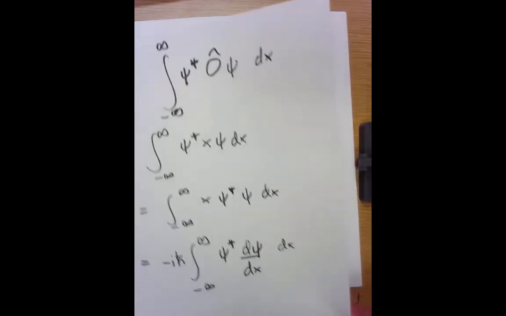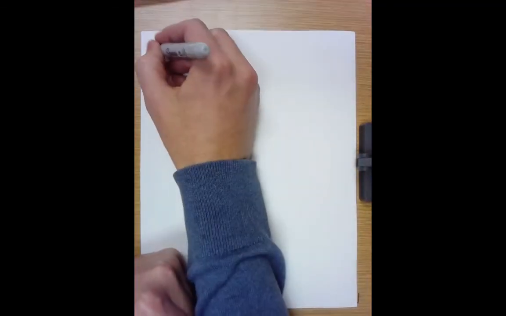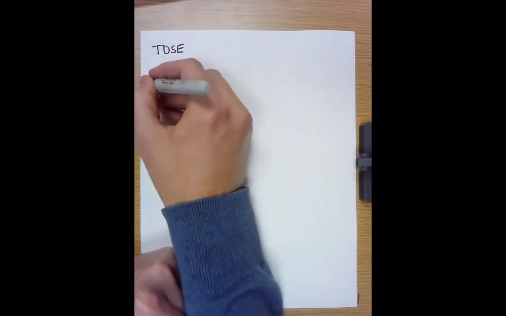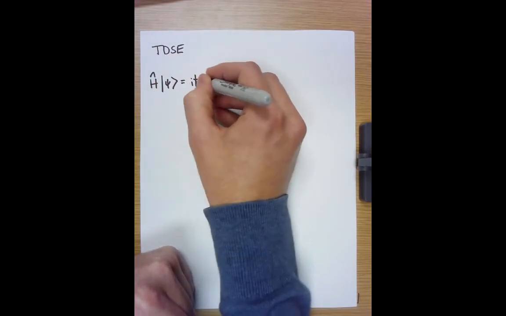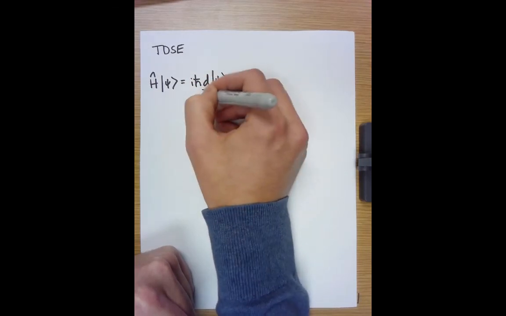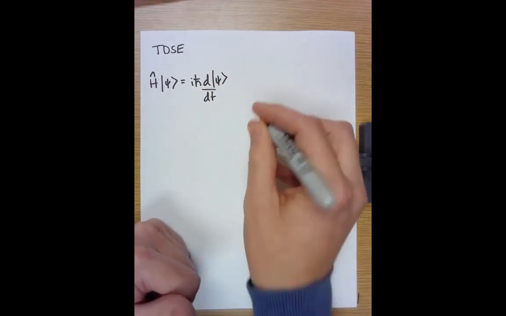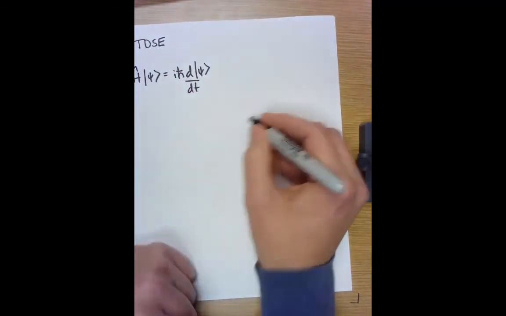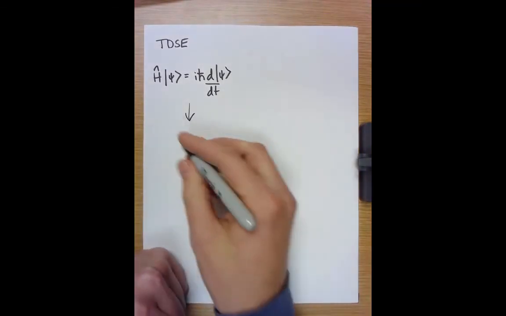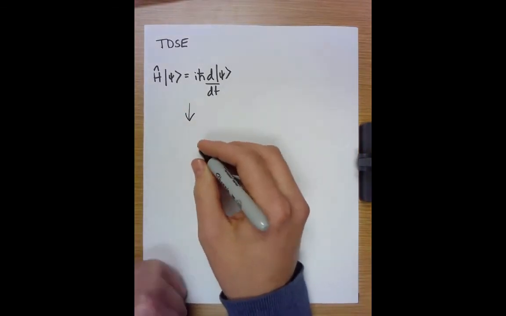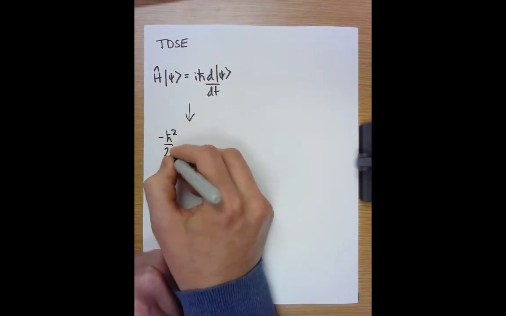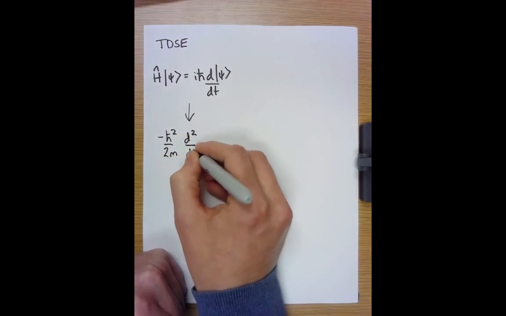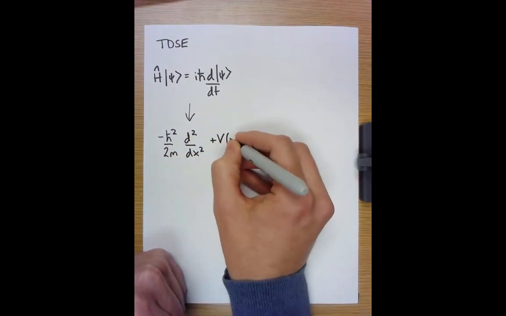Now the time-dependent Schrödinger equation was H operating on psi is equal to i h bar d psi by dt. This becomes, in the position basis, the Hamiltonian operator we saw, which was minus h bar squared over 2m d two by dx squared plus V of x.